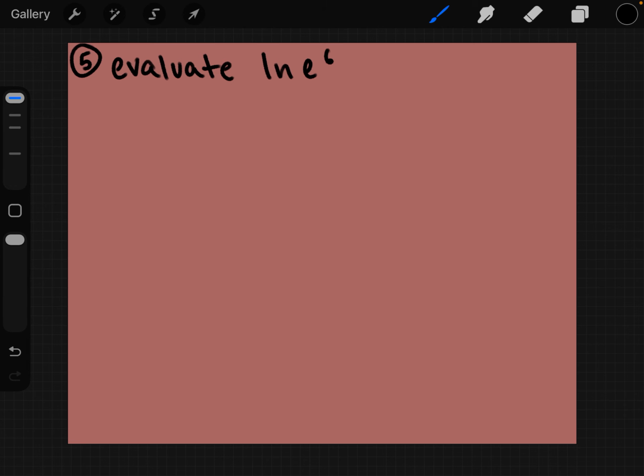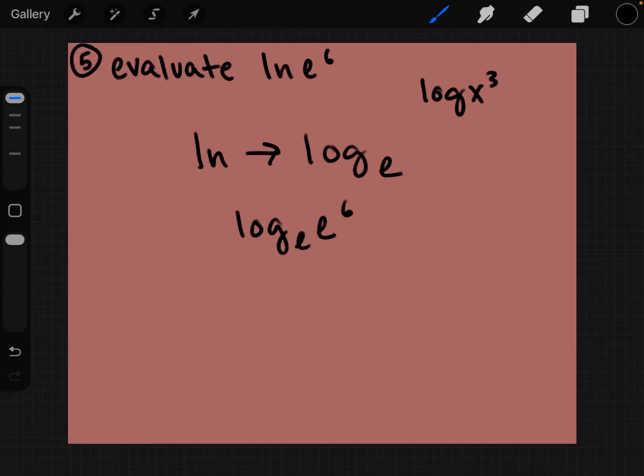If you watched any of my last videos, you know that the natural logarithm is literally this. So if we rewrite the thing at the top, we get this, and we know that if you have something like this, you can rewrite it like that.